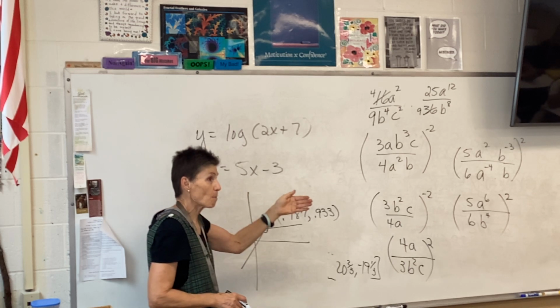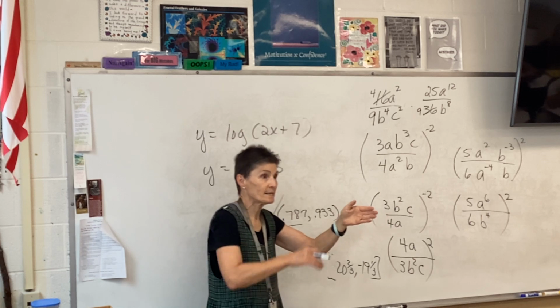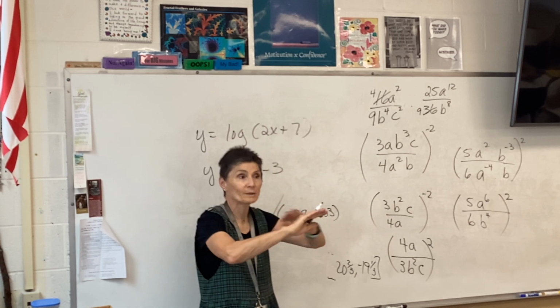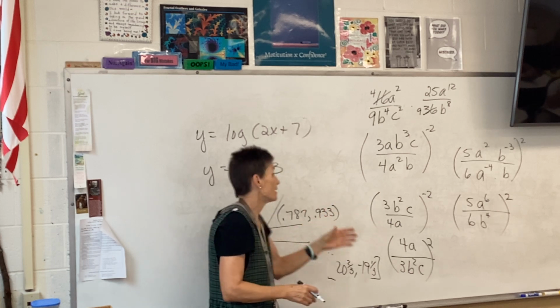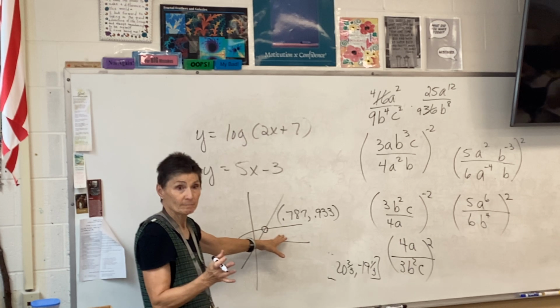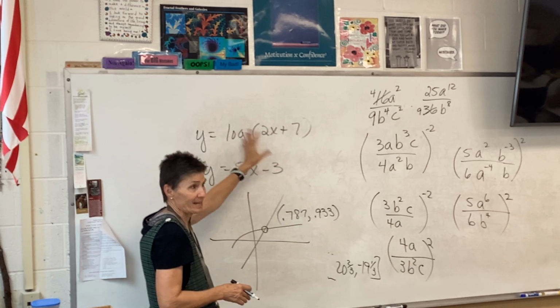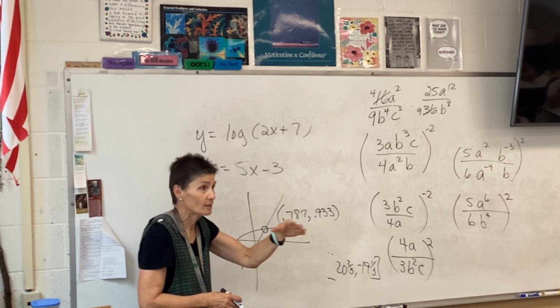Think back to the box problem. The box problem was 1520 equals x, blah, blah, blah, only x's. So the answer to the box problem was the x coordinates. This is gonna be both. Okay? I can give you anything. As long as you have a calculator, you can solve it, right? Just put it in and graph it.